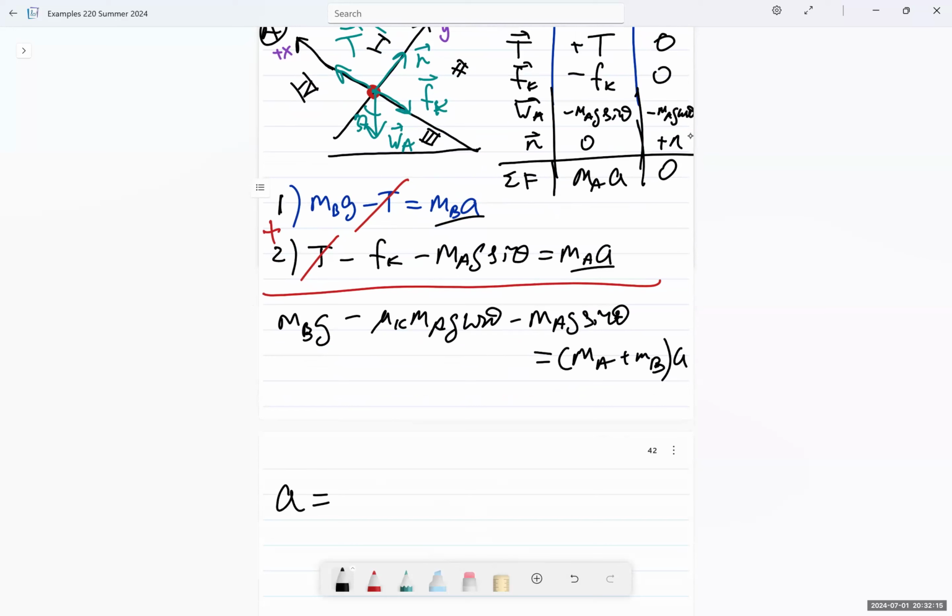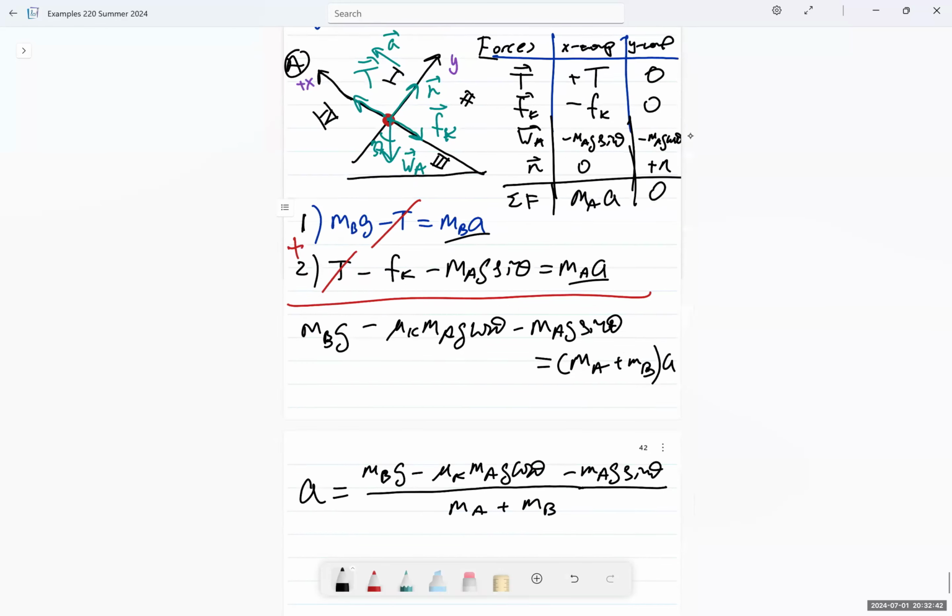So acceleration equals MBG minus mu k MAG cosine theta minus MAG sine theta, over MA plus MB. Okay, so this will be the expression.